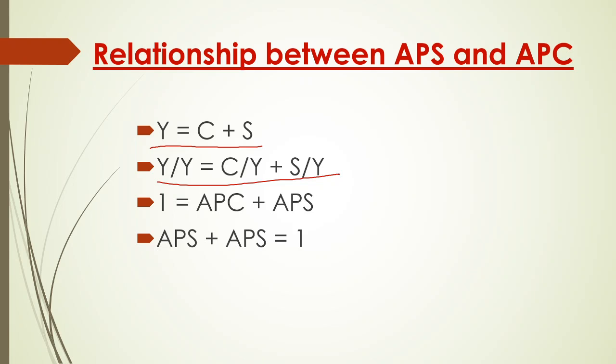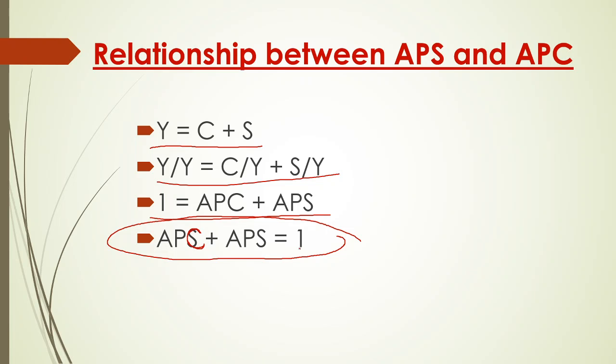S by Y is APS, because APS is the ratio of saving to the corresponding level of income, right? So this step is clear to you. Now we can generalize and write this step: APC plus APS equals 1.